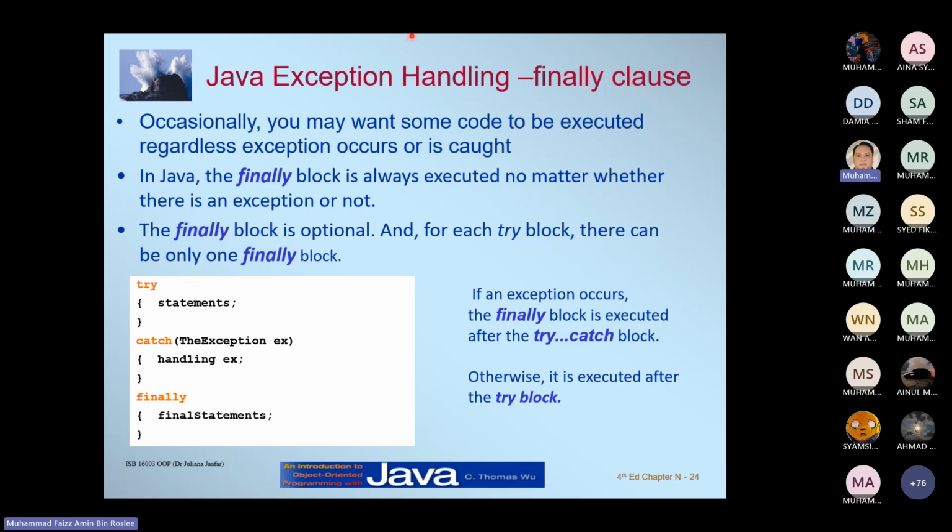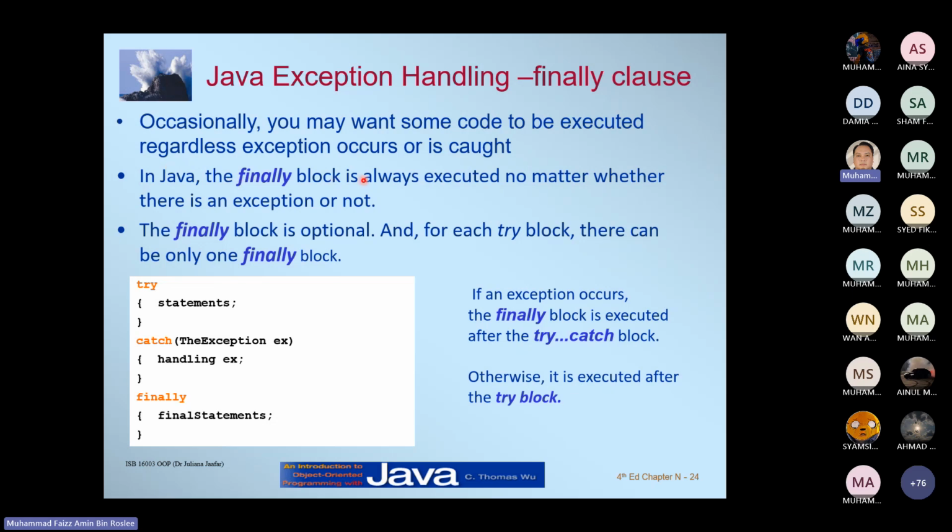Okay, so let's see what the finally clause is. Occasionally, you may want some code to be executed regardless of whether an exception occurs or is caught, right? For example, you write a program that you want to still run when you bump into an error.